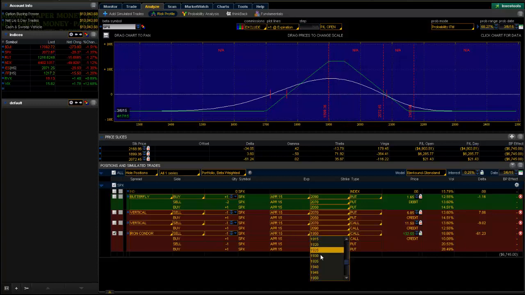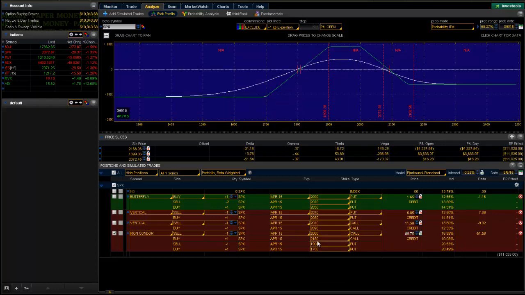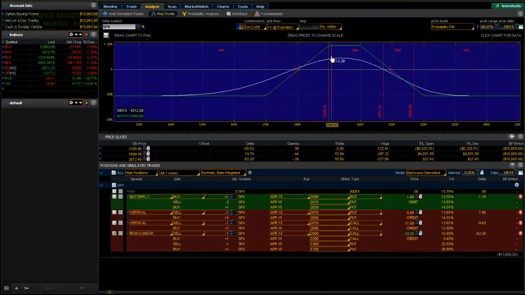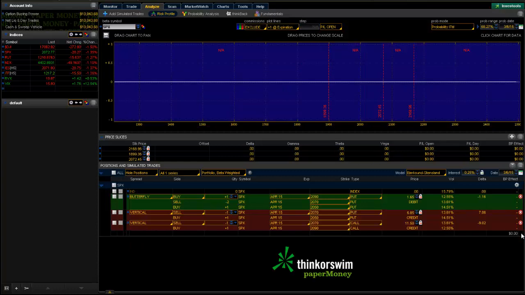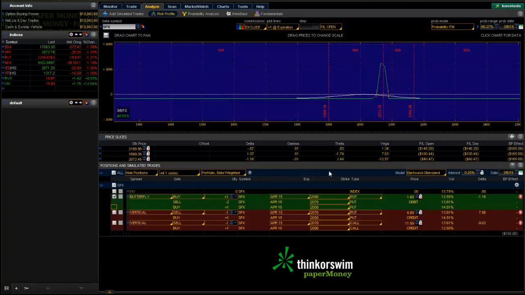The farther apart you go, so we'll say 2000 and 2200, as you start widening out these short strikes to create more of an iron condor appearance, that is what changes your probability of profits.